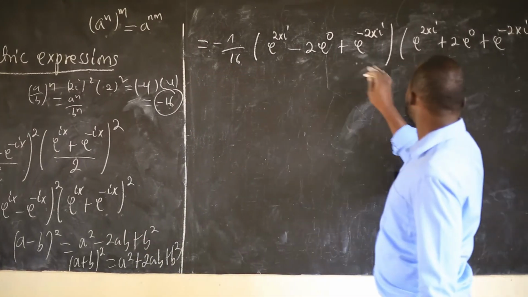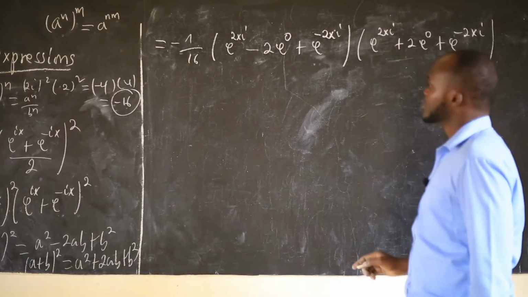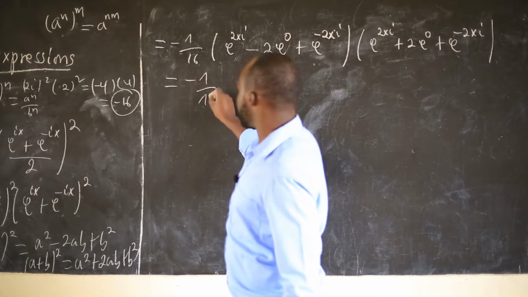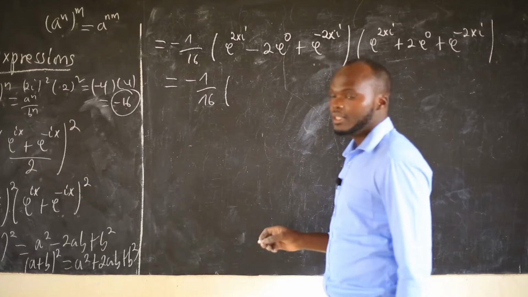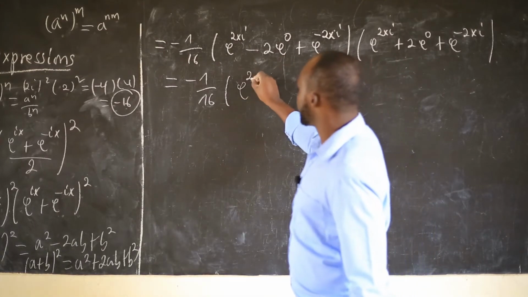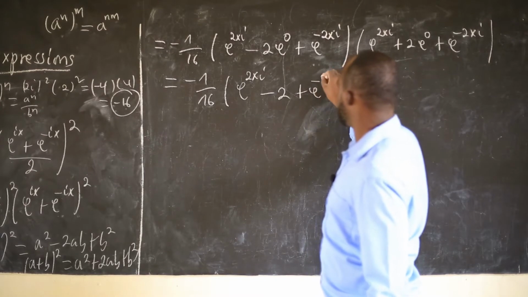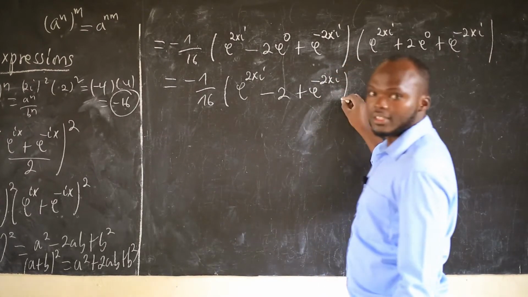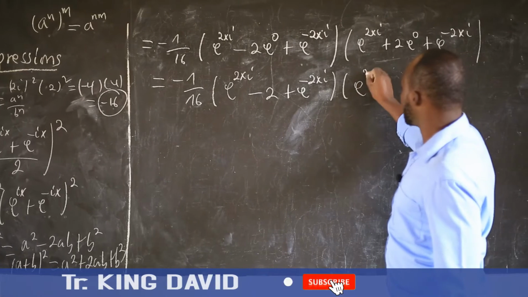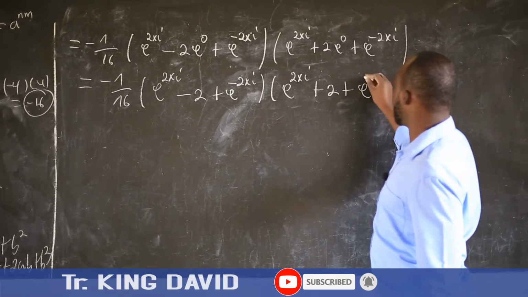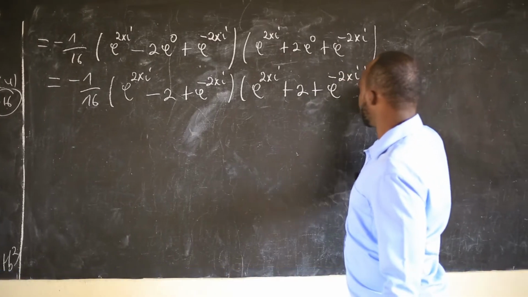So now, the answer is negative 1 over 16 into bracket e power 2xi minus 2 plus e power negative 2xi, times e power 2xi plus 2 plus e power negative 2xi.